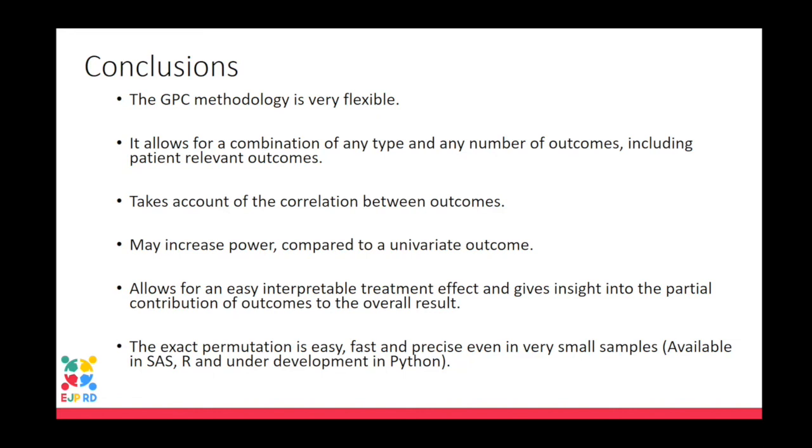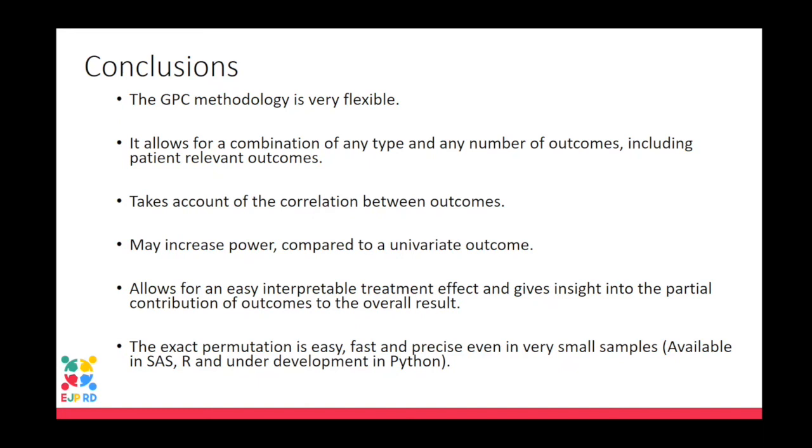You can combine any number of outcomes, including patient-relevant outcomes such as quality of life. It accounts for correlation between these outcomes, and as shown in the EB trial, it can increase your power compared to a univariate outcome, depending of course on whether the treatment effect is on both outcomes. On top of that, we have easily interpretable treatment effects, and it can give you insight into how it comes to the overall results.